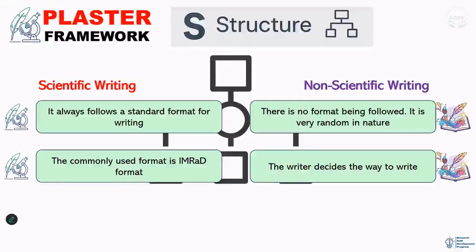Then come the methods, which method we used to do that scientific work, and results, what results we have got, and after that, how we are putting up those results for the benefit of the community in the form of a discussion. So that's the formal format we follow either for an original research article or for a review article, but we'll discuss the details further on.